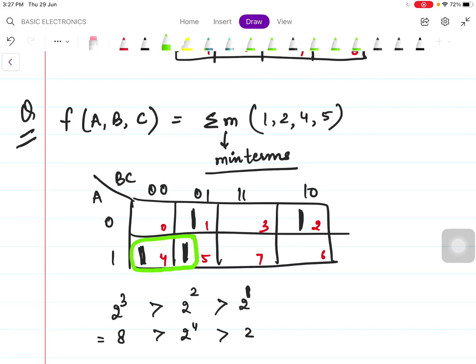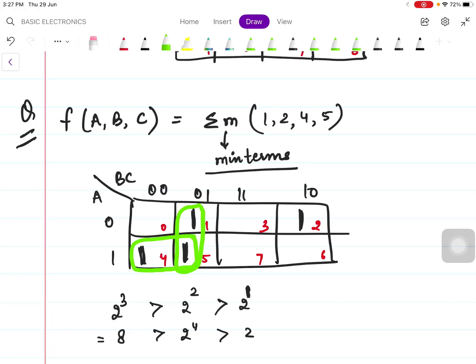Now I have to only bother about the ones which are left outside the group. That is 2 and 1. For the sake of the one which is lying in block number 1, I will make a group of 2 by combining it with the block number 5.